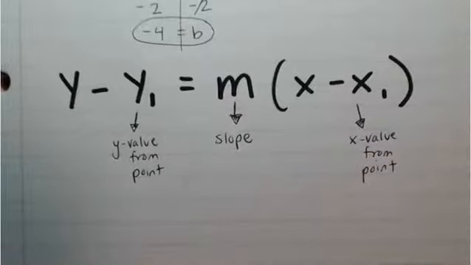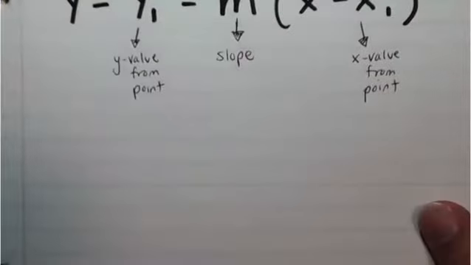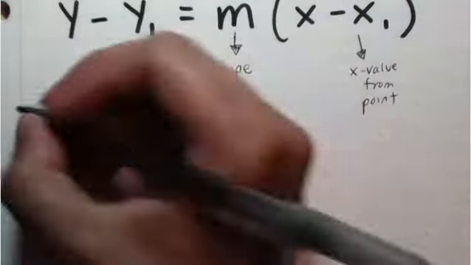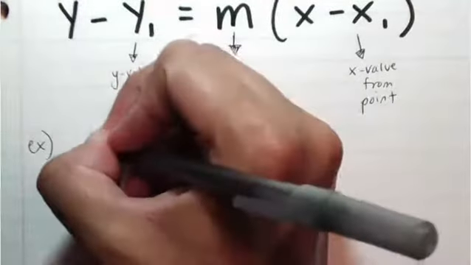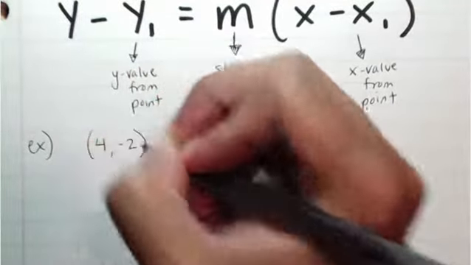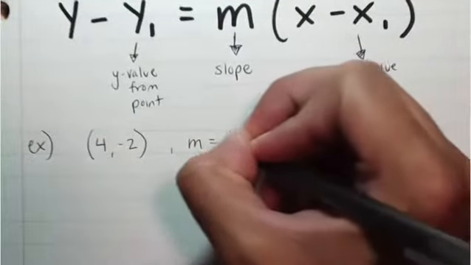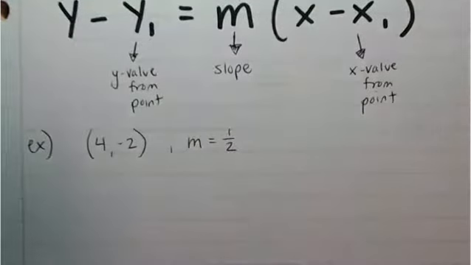And we're actually going to do the same problem that we did before using this formula to see if it's quicker and see if you like it better. So from the problem that we first did today, I gave you this point, which is (4, -2), and I said the slope here is 1/2.